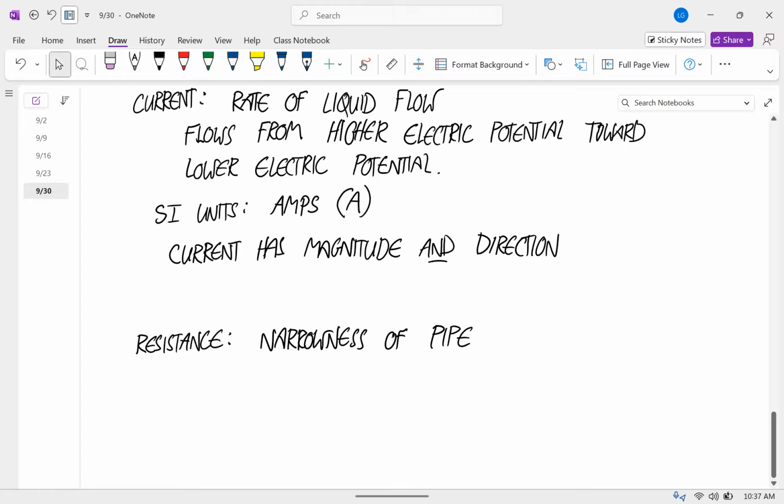The SI units for resistance are called ohms, and you use the capital Greek omega to represent an ohm.